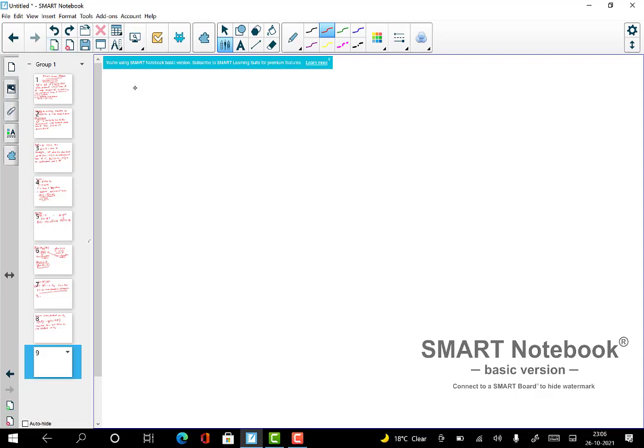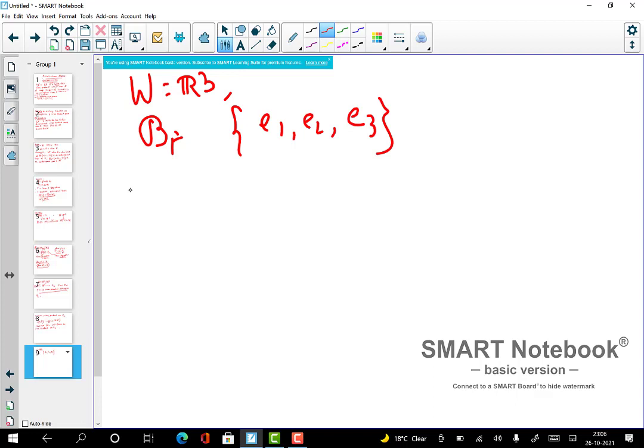For R3, what will be my orthogonal basis? I can choose obviously E1, E2, E3. And for V2 over R, I also need to choose an orthogonal basis.